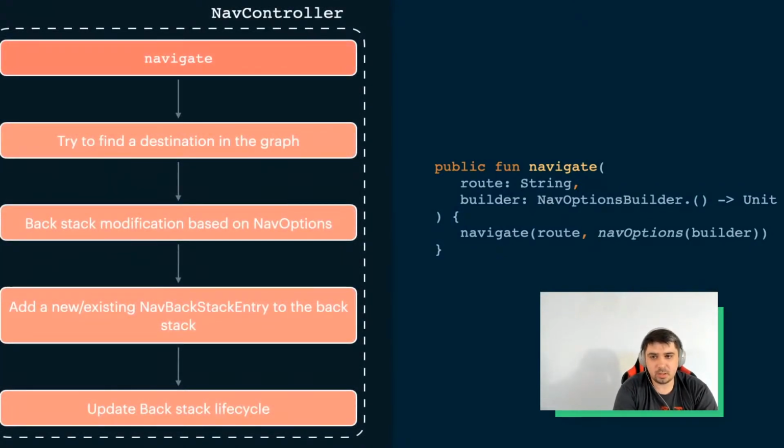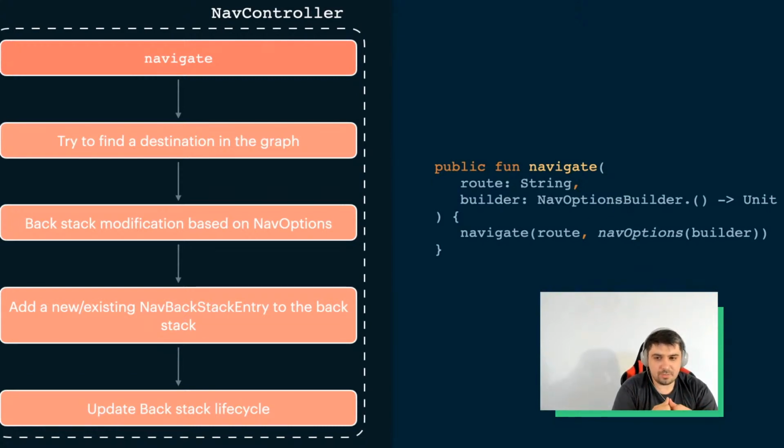When we call the navigate function, the first action the framework tries to do is find a destination in the graph. If the destination is found in the graph, we can just get the object from the navigation graph. But if it's not possible to find it, we need to create a new one.